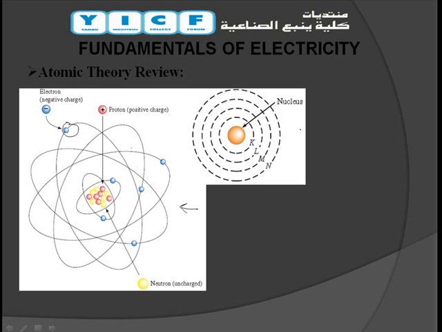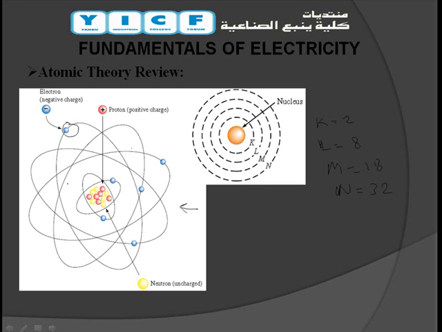For example, the K shell has 2 electrons, the L shell has 8 electrons, its capacity. The M shell has 18 electrons, and the N shell has 32 electrons.